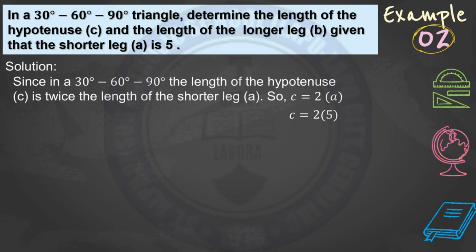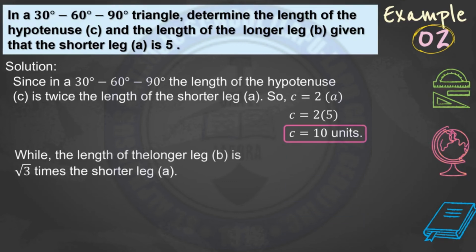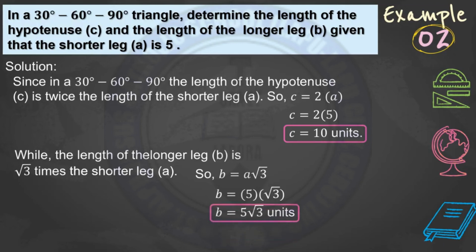Since a is 5, c is equal to 2 times 5, which is 10, so c is equal to 10 units. While the length of the longer leg b is square root of 3 times the shorter leg a, so b equals a square root of 3. Since a is 5, b is equal to 5 square root of 3 units.